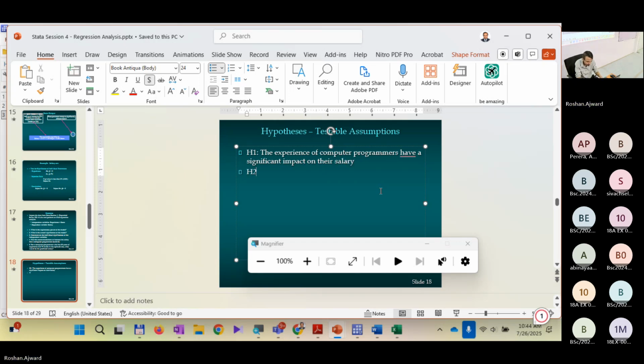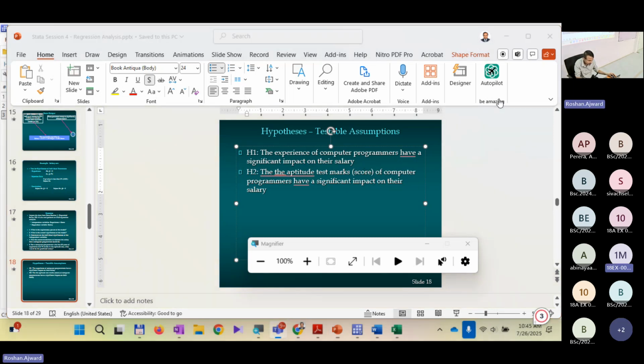Then H2: the aptitude test marks, that's a score, of the computer programmers.